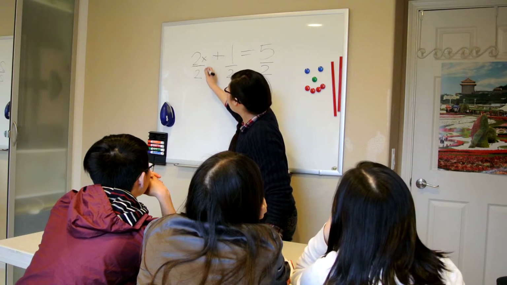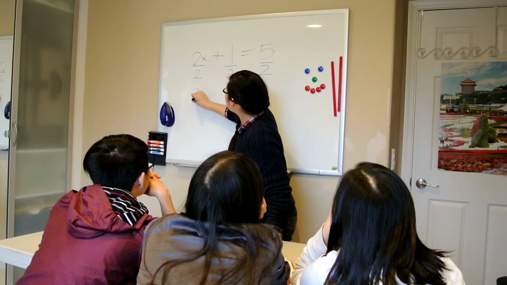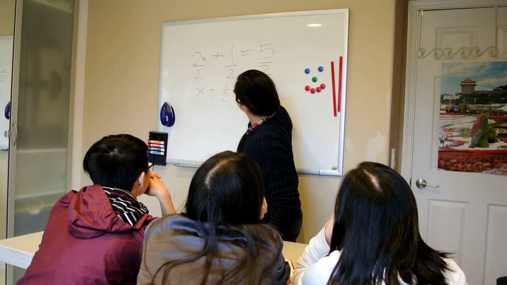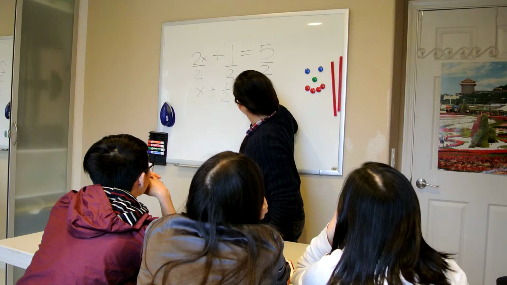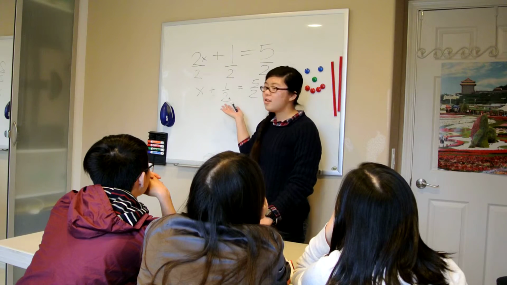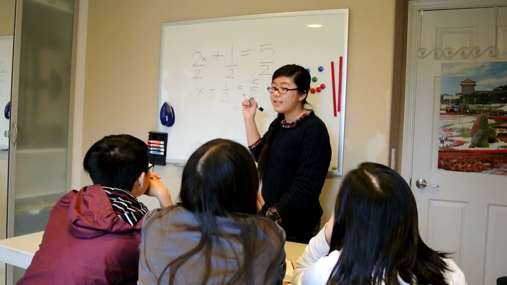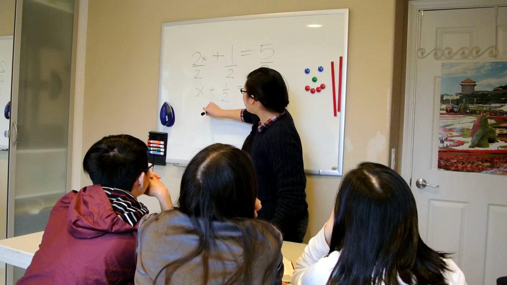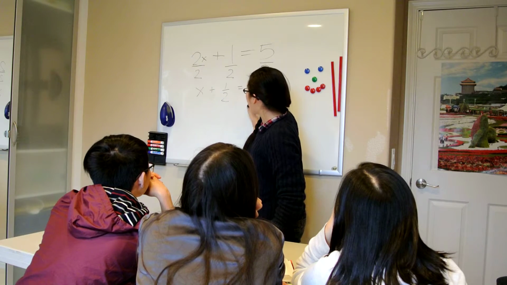So we will have 2x over 2, which is x, plus 1 half equals 5 halves. Now, we end up with some fractions, and it might look a little bit complicated, but it still simplifies down to the same answer we had before. So let's subtract this 1 half from both sides.